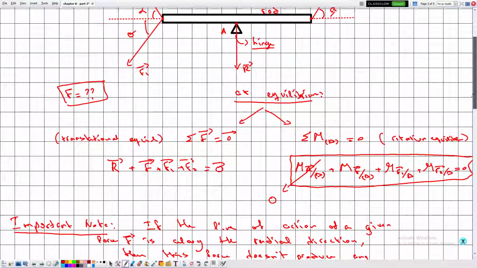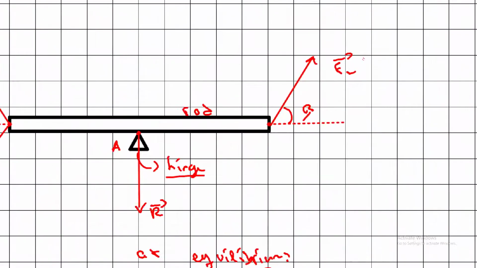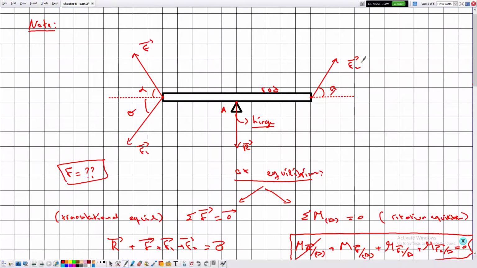Similarly here, we have used this fact previously. So what about calculating the moment of the force F2? What we have done here is basically, this is the radial direction, and we then considered the tangential direction like this.